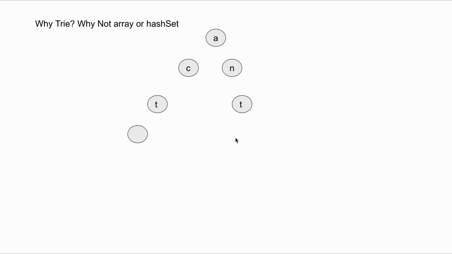So why are we even using this data structure? We could have just stored in a hash set, right? Act and and. But if you look here, what is happening is we are just storing two words, right? But if you take a large number of words, for example, any dictionary, there will be very close words, right?